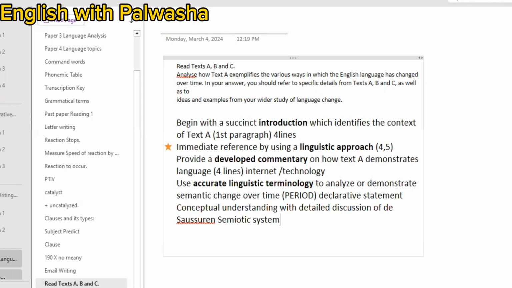The Saussure semiotic system, which is used here, embedded here. This way you're going to develop the paragraph which contains insightful ideas and which are described using an effective level of expression. So here you are going to develop.